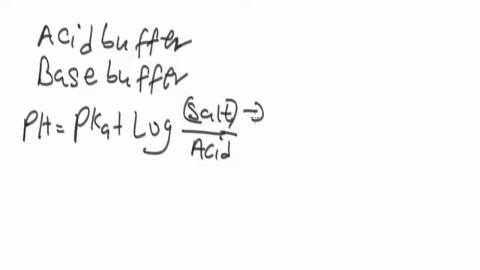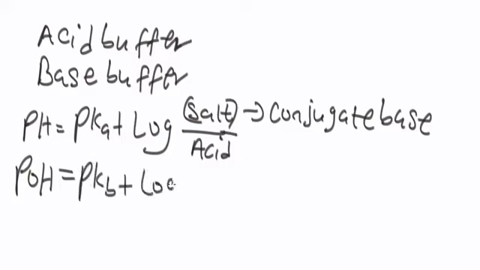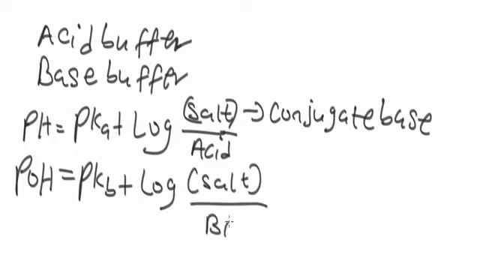Whereas the pOH of a base buffer is calculated using pOH equals pKb plus log of the conjugate acid, which is the salt here, over the base.